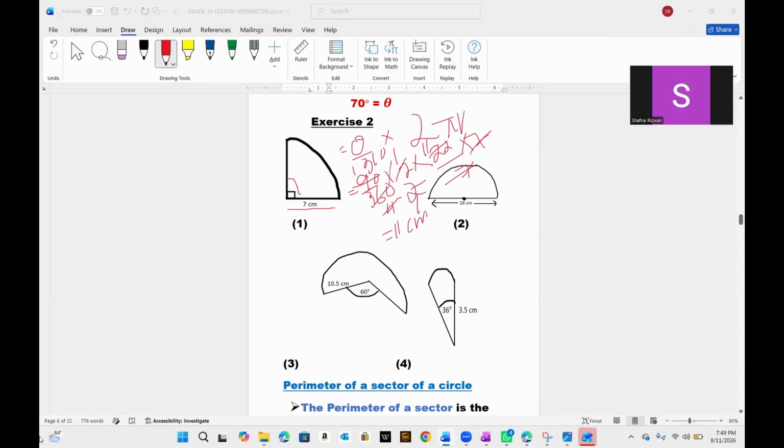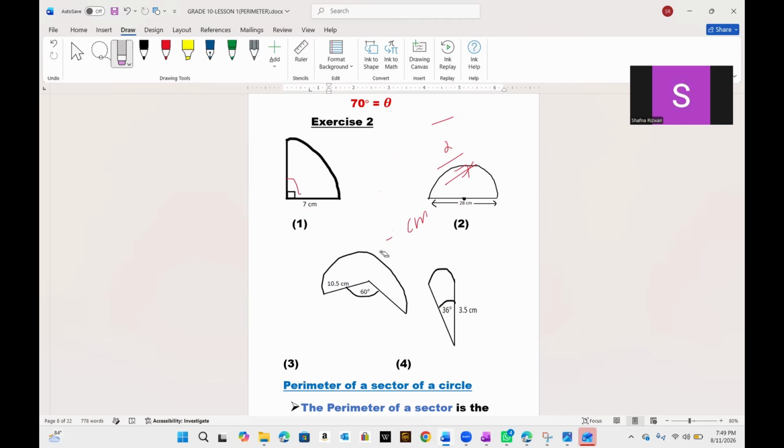Okay, then now let's do this. I wrote this, right? I'll erase it. Now see here, second question, this one. Here they have given you 28 centimeter.